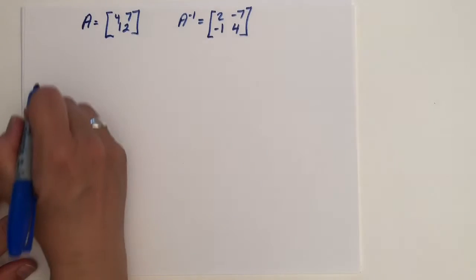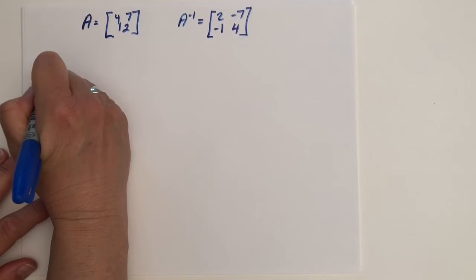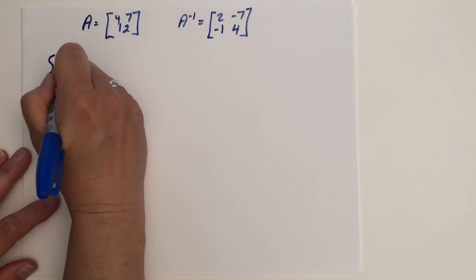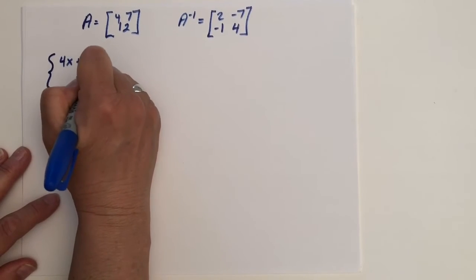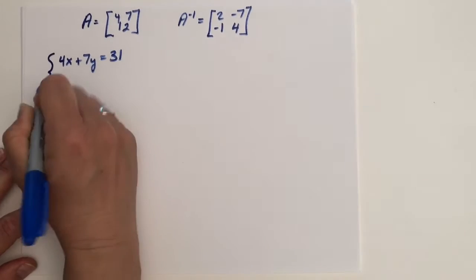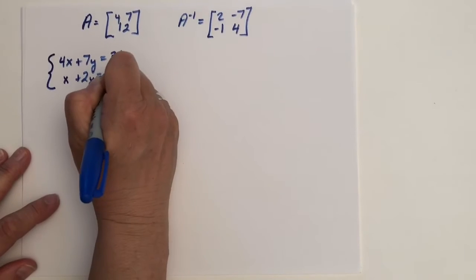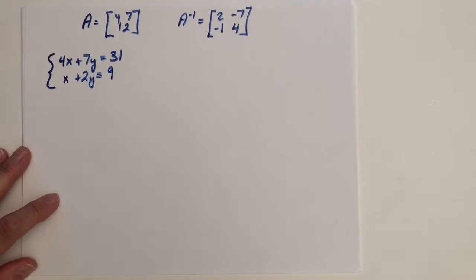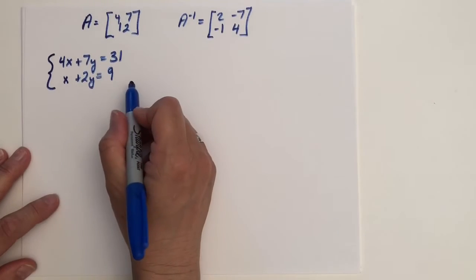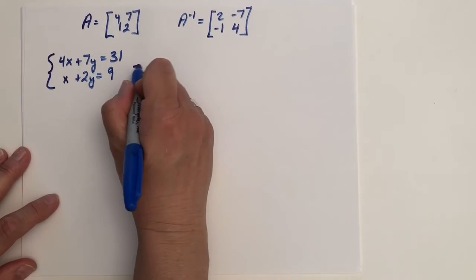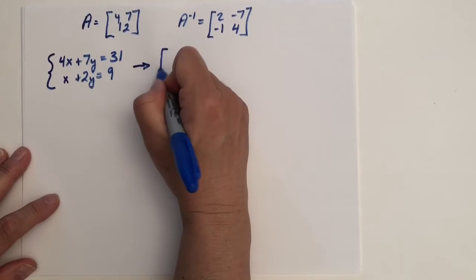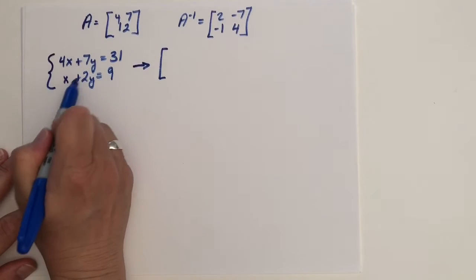Let's suppose we were going to solve this system. It is 4x plus 7y equals 31, and x plus 2y equals 9. I'm going to write this system of linear equations as a matrix equation. That means I'm going to look at the coefficients of x and y.